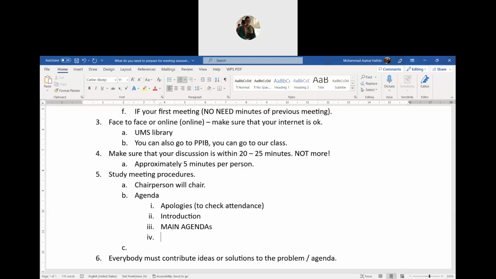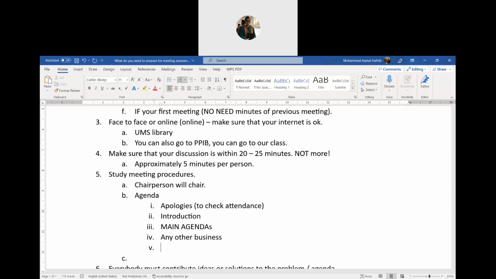Then after your main agendas, we have any other business. This is just to clarify the compulsory agendas that you need to include. And the last agenda should be the date of next meeting. All right. So these four are basically the compulsory agendas that you need to have.